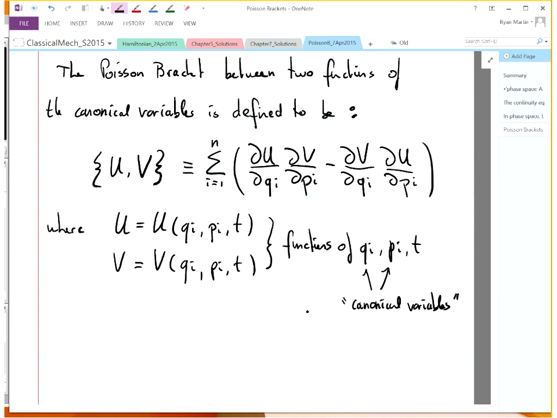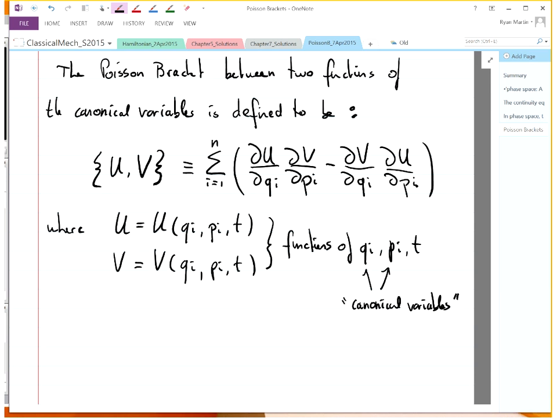So this Poisson bracket is actually a little bit of an annoyance to calculate, if you really have to calculate it, because it's a sum over all the degrees of freedom over these products of partial derivatives. It's ∂u/∂qi multiplied by ∂v/∂pi minus ∂v/∂qi multiplied by ∂u/∂pi, and that's summed over all possible values of i.